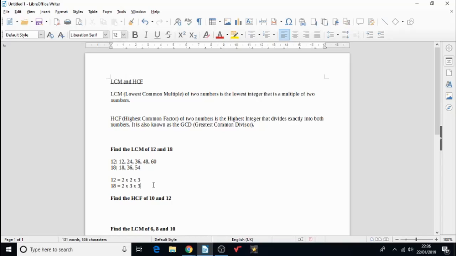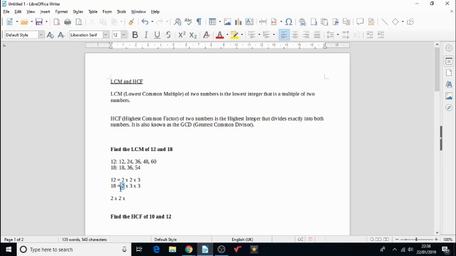So here is what you do. You now multiply the common factors to get your lowest common multiple. So you do 2 squared, so 2 multiplied by 2, because it appears twice in 12, multiplied by 3.